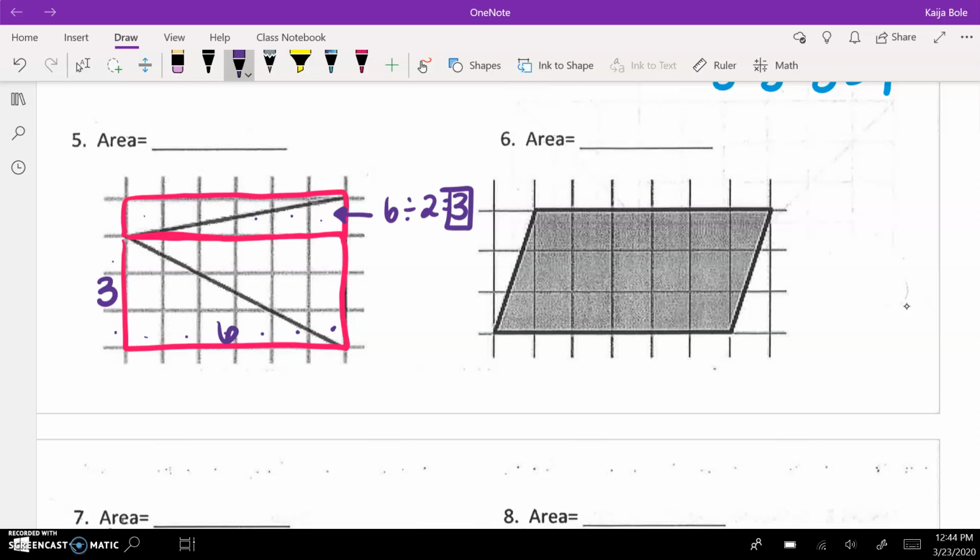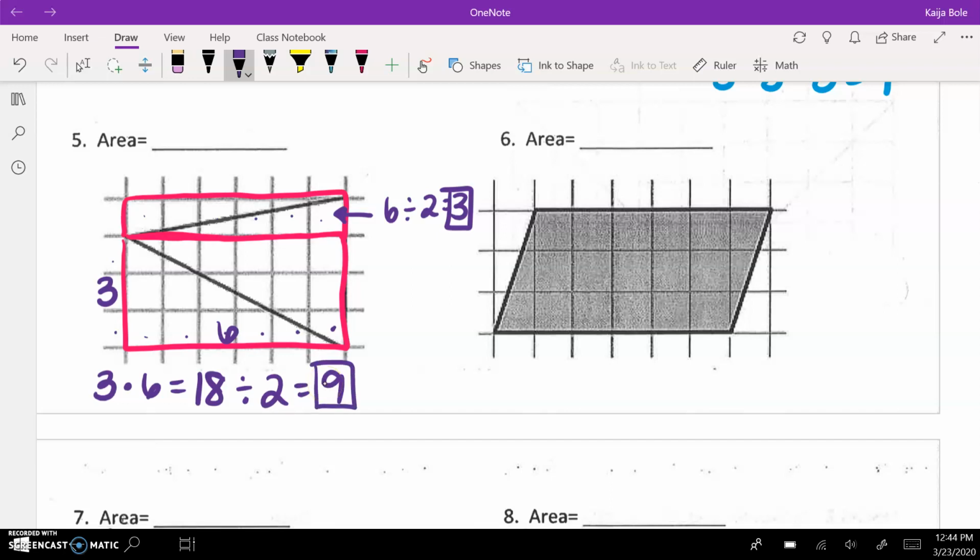So to get my total, I would do 3 times 6, and then I would get 18. And then I would divide my 18 in 2. So 18 divided by 2 would give me 9.